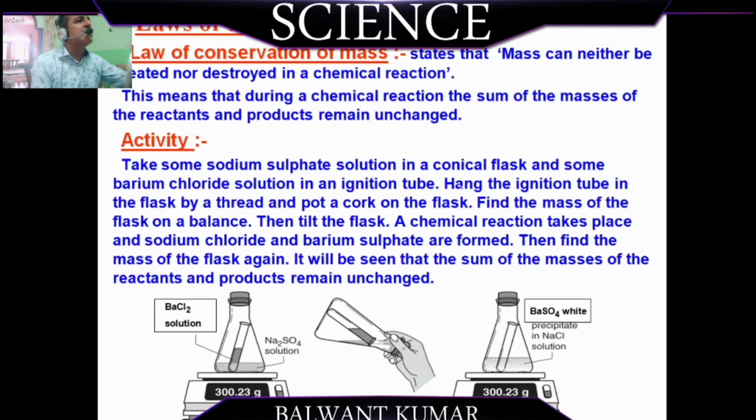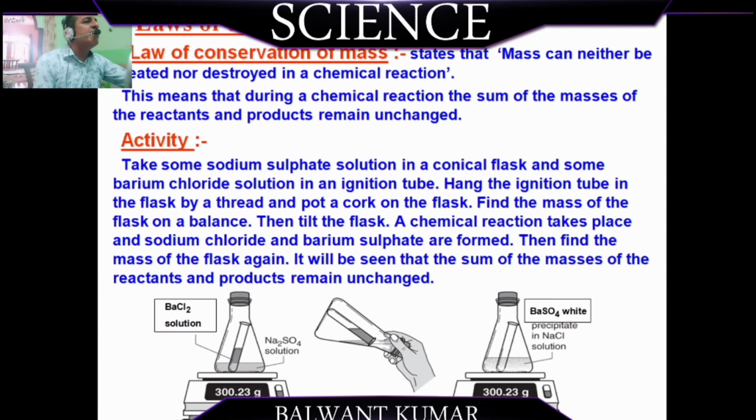Okay, moving ahead, your lesson begins with laws of chemical combination. Actually, these laws form the basis which led the scientists to conclude that the living and non-living world around us is made up of matter.